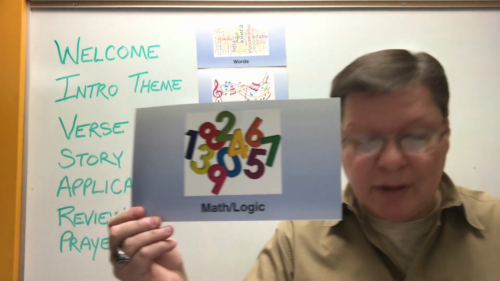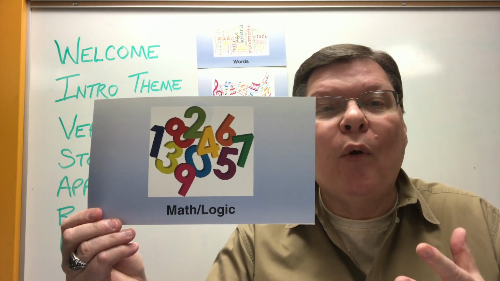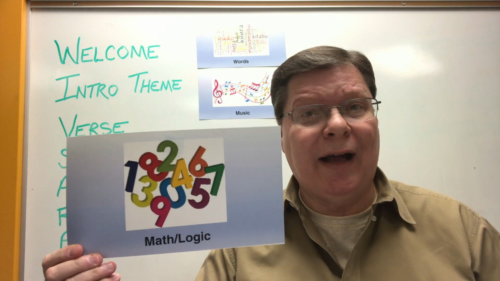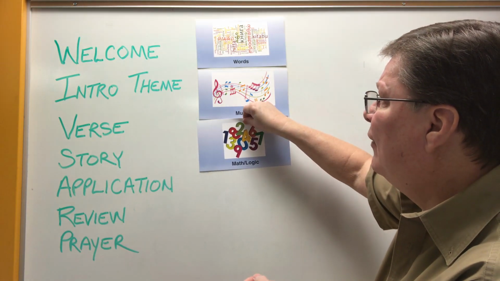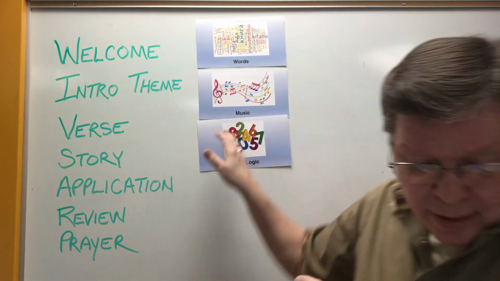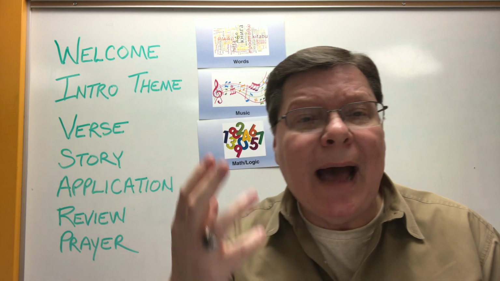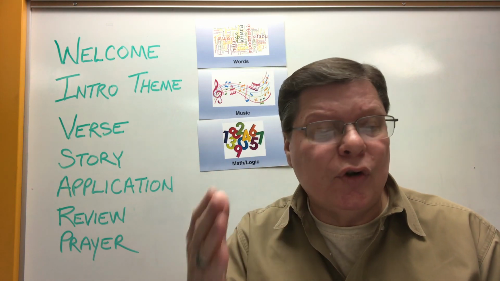Other people have a very logical, math-oriented learning style. They're just really good. It's one of the intelligences that's really easy for them. There are kids who just love the numbers. They love that abstract thinking and the logical reasoning, organization, problem solving, sequencing.